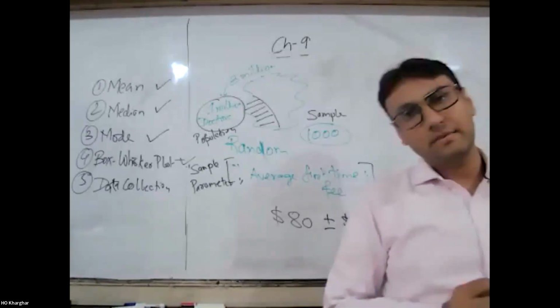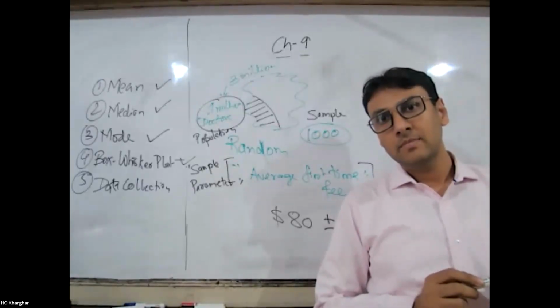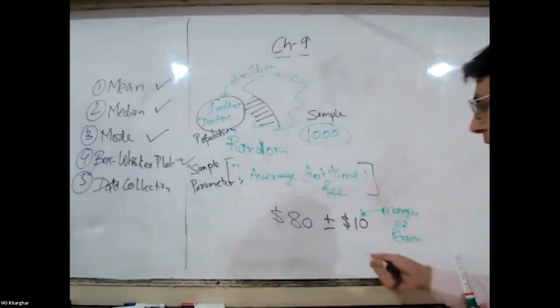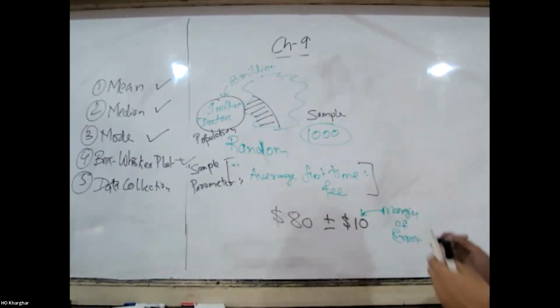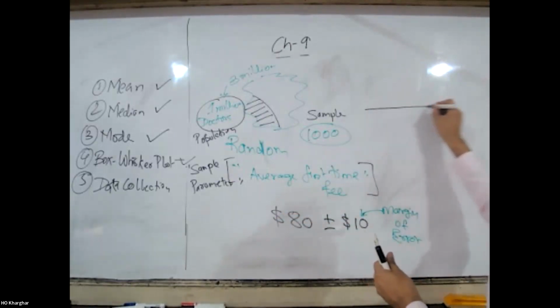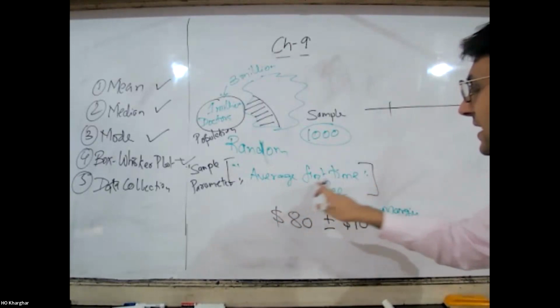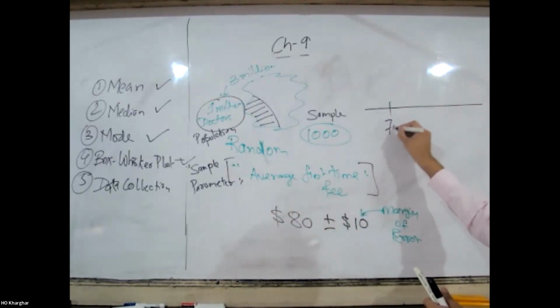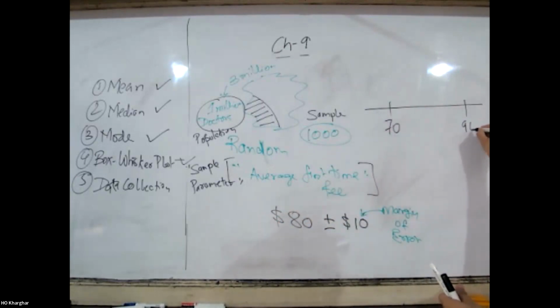Oh, is it because you don't know if it's 90 or 70? Absolutely. I think that is what uncertainty is. Yes, that's what uncertainty is. So when I publish this result, it would mean that the average fee for first-time doctors could be anywhere between 70 to 90.